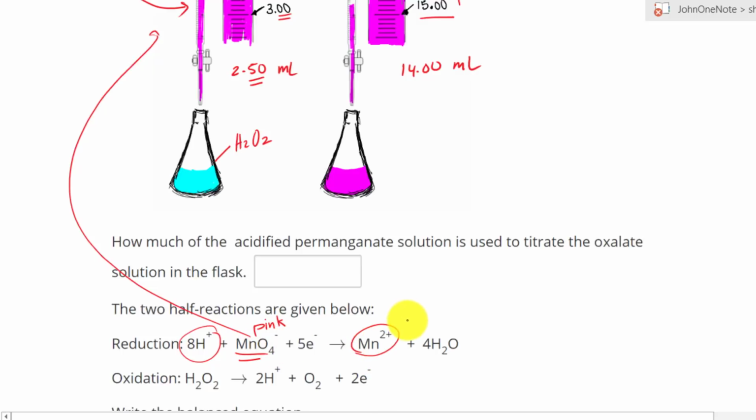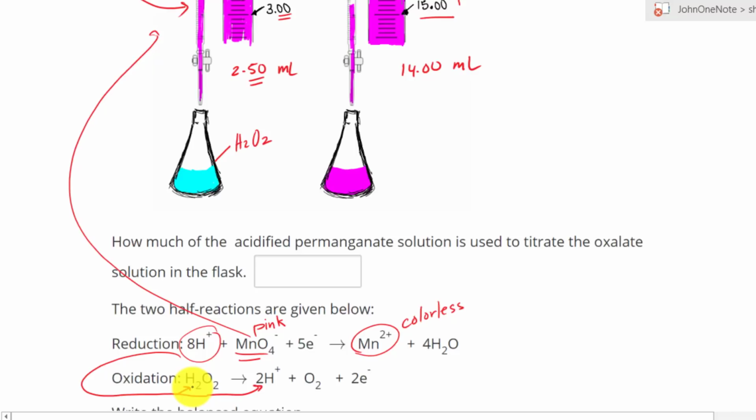And the product is colorless. So as long as there's the presence of H plus, we're going to make this permanganate into a colorless product. And where is this H plus coming from? That H plus is coming from here, which is produced from the hydrogen peroxide.